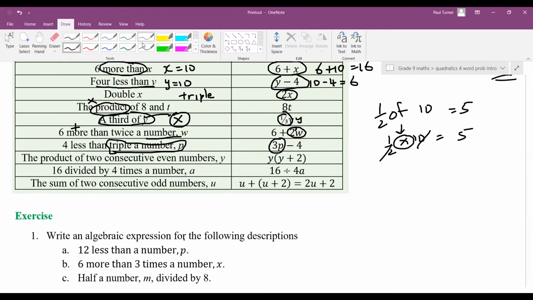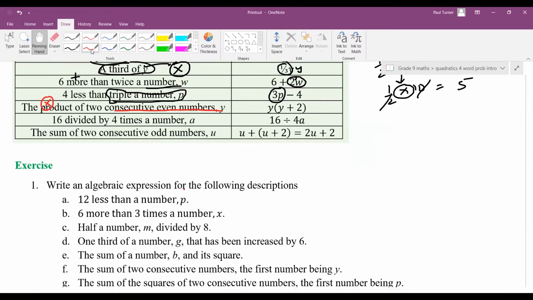So getting a bit more tricky. The product, well, product means multiply, of 2 consecutive even numbers, y. So the first number is y. So let's look at that. Before we go on, let's think about consecutive even numbers. So for example, we have 2, 4, 6, 8, 10, and so on.